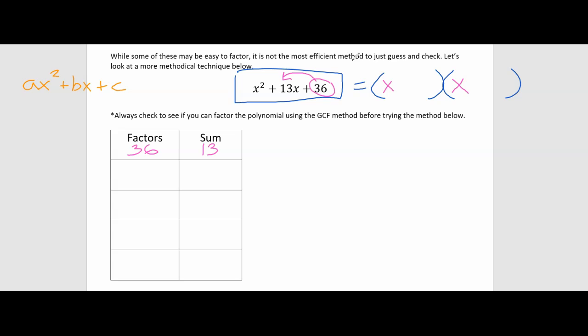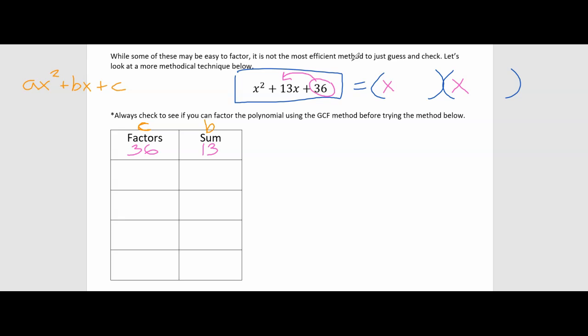So when we make a factor sum chart, we are looking for factors of the constant term, the term that does not have the x attached to it, that sum or add to the b term, the middle term. In this case, we're looking for factors of 36 that sum to 13. But if I threw you a new trinomial, we'd be looking for factors of that constant term, the c, that sum to the middle term, the b.